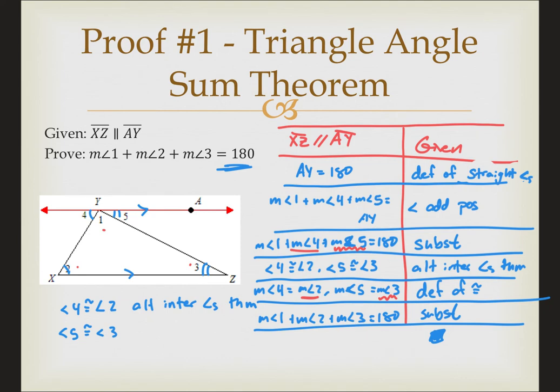So this proof is actually a really good example of how prior information is going to come back. We used about 3 things that are big in other chapters, and that we haven't really used outside of the chapter before. Definition of straight angle. That hasn't come back since chapter 1, but here it is. Same thing with angle addition postulate. And then alternate interior angles was last chapter.